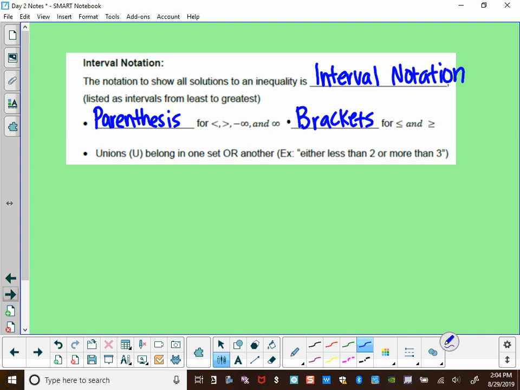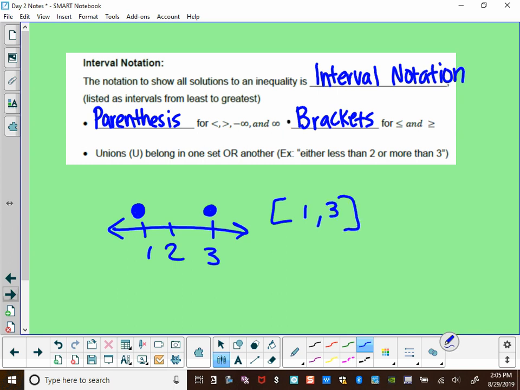All right, what that means is when we're trying to talk about a number, right? Like let's say I have a number line here, 1, 2, 3, and I have a dot there and a dot there. Okay? You don't have to write this down, just pay attention to it. My interval notation will be a bracket, and it will be 1 to 3.